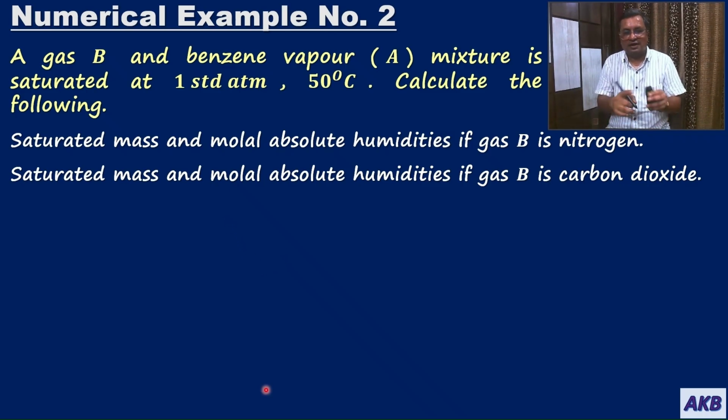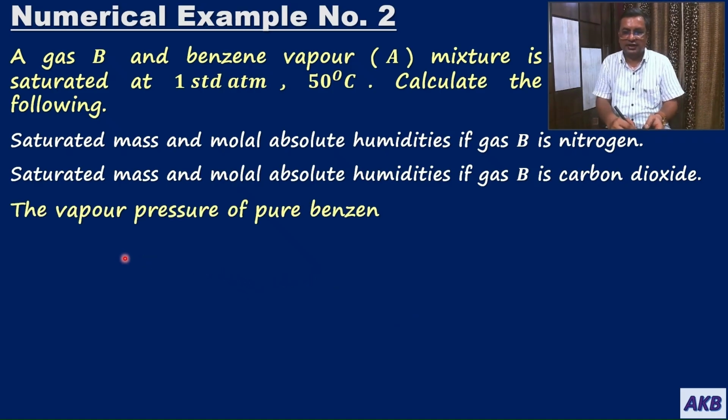So you have a mixture of nitrogen and benzene vapor in the first case, and then carbon dioxide and benzene vapor. The mixture is being saturated at 1 standard atmosphere and 50 degrees Celsius. We have to get saturated mass and molar absolute humidities for the two cases, when gas B is nitrogen and when gas B is carbon dioxide.